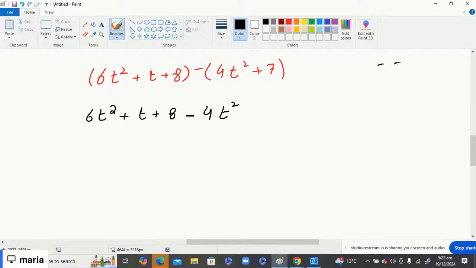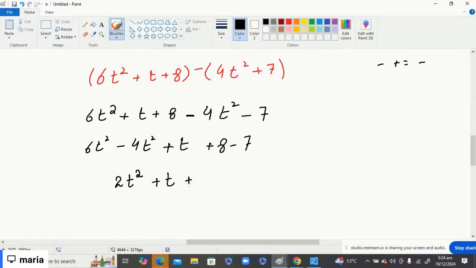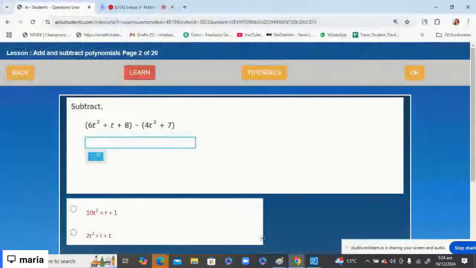Now there is minus 1 plus, that becomes minus. So there is minus 7. Combine the square terms. 6t square minus 4t square. Combining the t terms, plus t, and combining the single terms. 6t square minus 4t square is 2t square, plus t plus 1, and that is your answer. 2t square plus t plus 1.